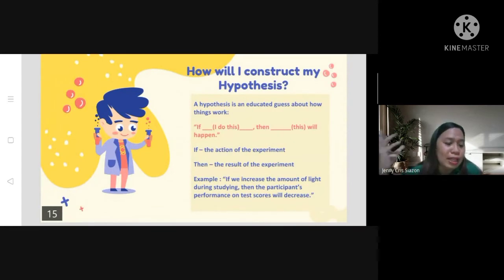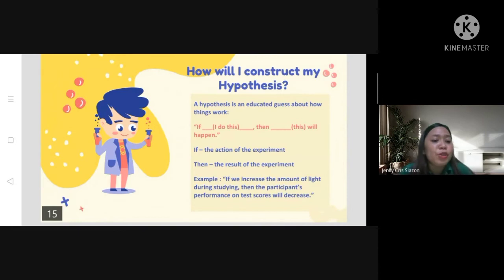We all know that hypothesis is an educated guess about how things work. And this one is really, really an educated guess. Hindi ito basta-basta na lang ng hula ka nang walang basehan. Okay? Ang hypothesis ay dapat meron kang basehan na existing facts or knowledge.